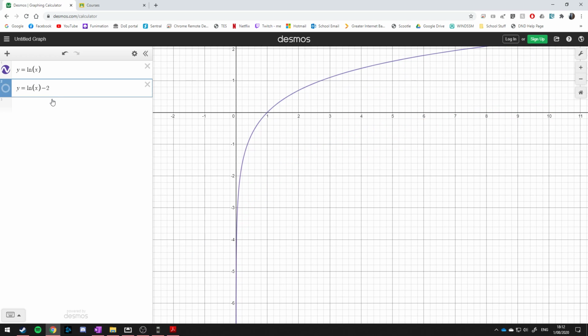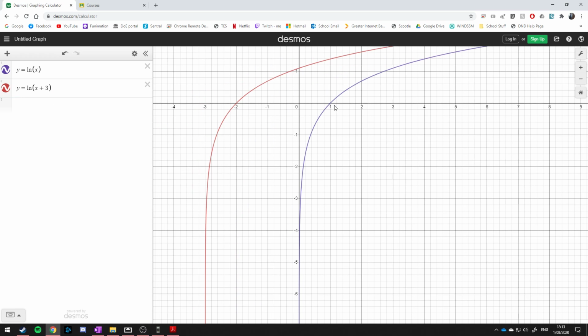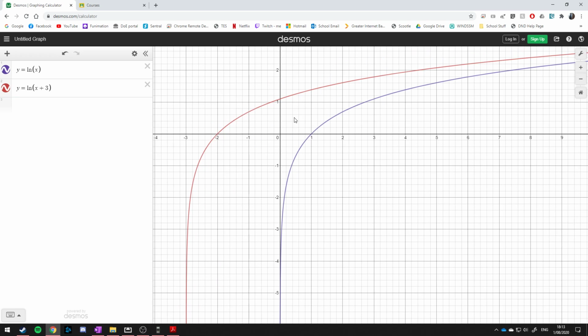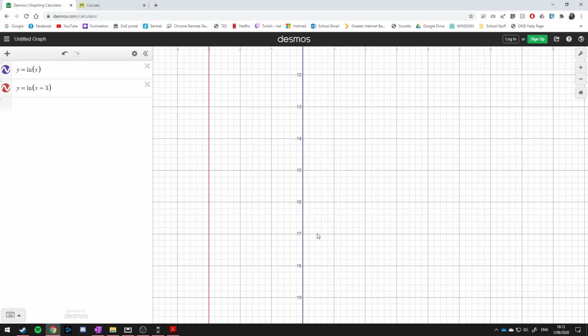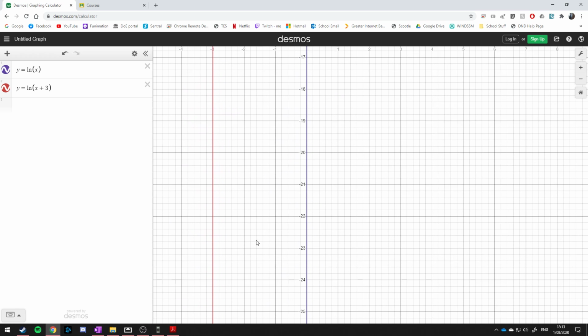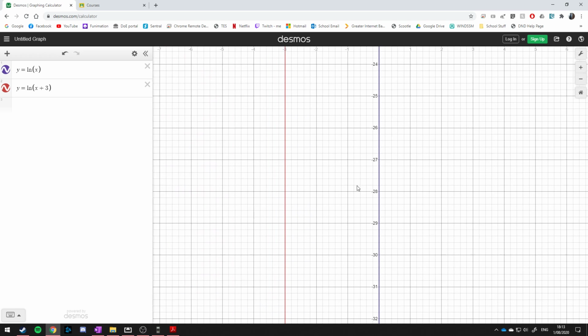Okay, and the last one we're going to look at is if we replace the x with something. Again, this is just like when we replace the x in any other function with an x plus 3. So it should shift 3 to the left. And there we go. We go from 1 to minus 2, and all our values shift 3. Again, it gives some pretty consistent values along here, and these lines are almost parallel lines.